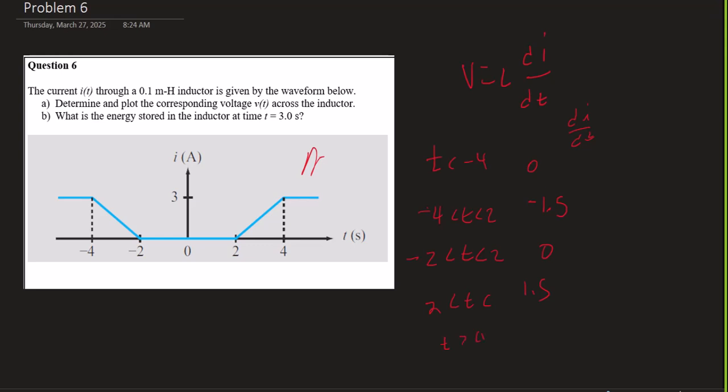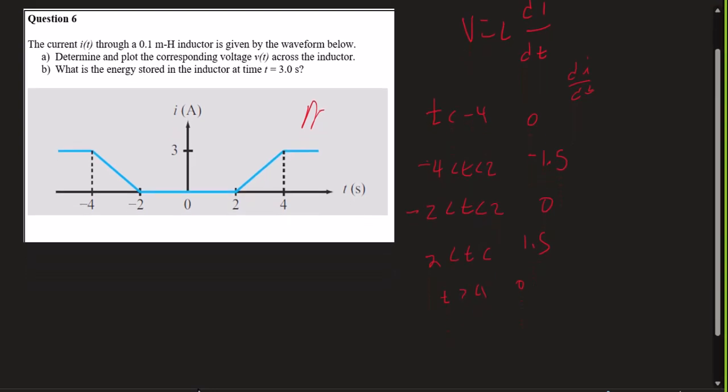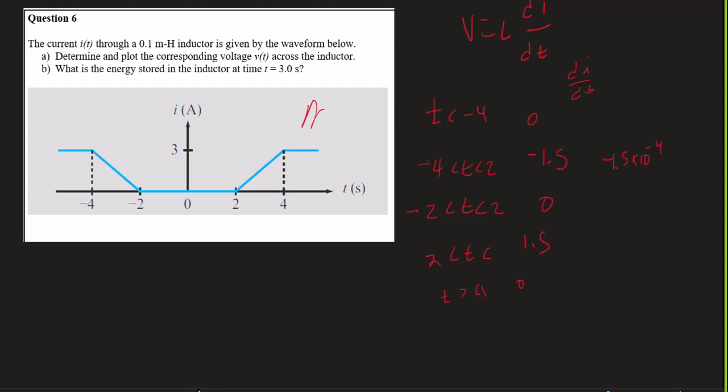And greater than 4, 0. Okay, so now let's multiply those all by L. L is 0.1 millihenries, so we're multiplying by 10 to the negative 4. So this would be negative 1.5 times 10 to the negative 4, 0, 1.5 times 10 to the negative 4, and 0.